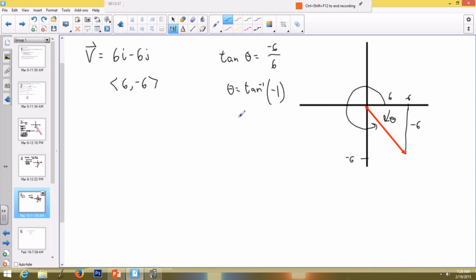And we all know that as far as the unit circle goes, that's going to be negative pi over 4 or negative 45 degrees, because arctangent only goes from pi over 2 to negative pi over 2.